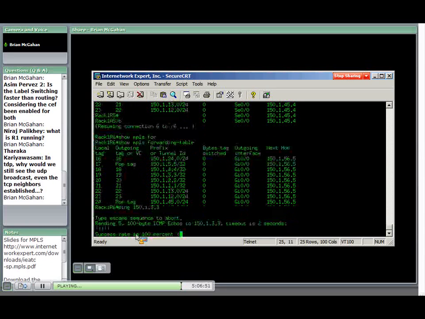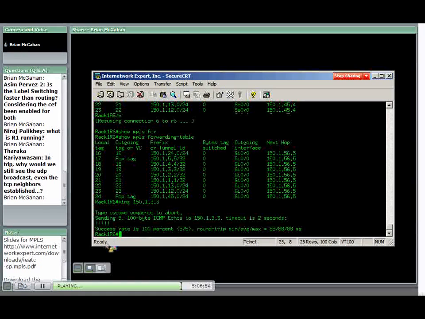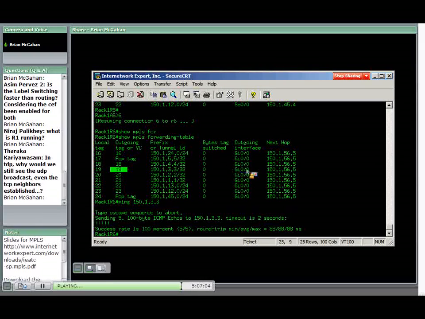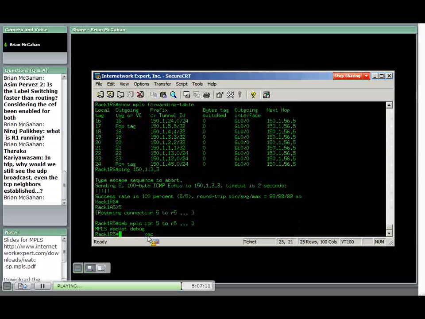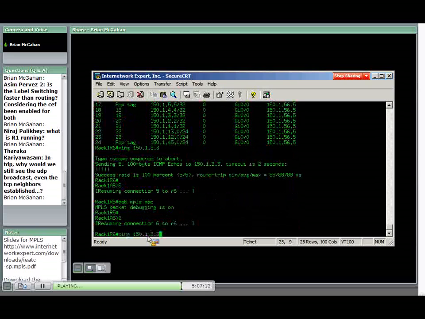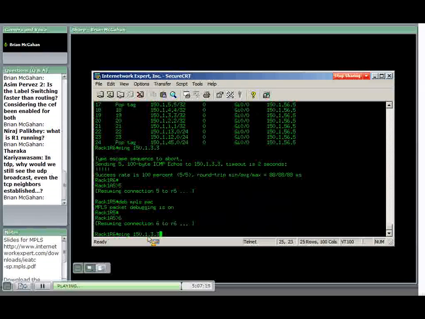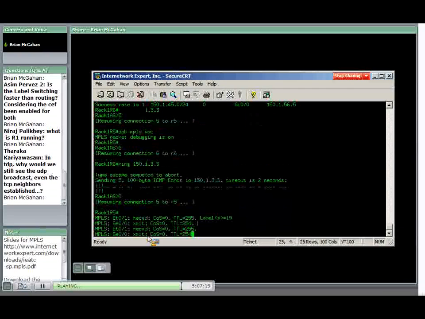If we go one more hop away, down to router 5, when we say show MPLS forwarding table, if router 4 says the incoming label is 18, this must be the outgoing label on router 5 in order for this to be an end-to-end LSP. And we can see that it is. So router 5 is using 18 as its outgoing label and 19 as its incoming label.